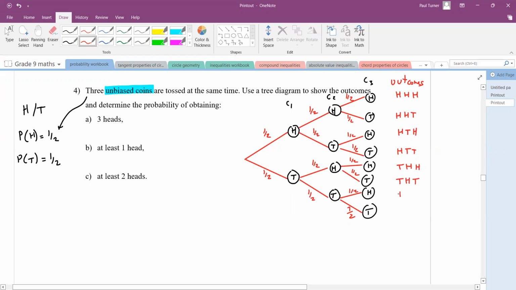Tail, tail, head. And tail, tail, tail. So you can see here there's going to be 8 outcomes. And for your probability, you can see the probability is going to be the same for each one. So 1/2 times 1/2 times 1/2 is 1/8. So every one is 1/8. They have all equal chance.